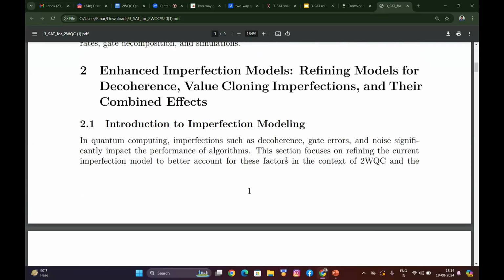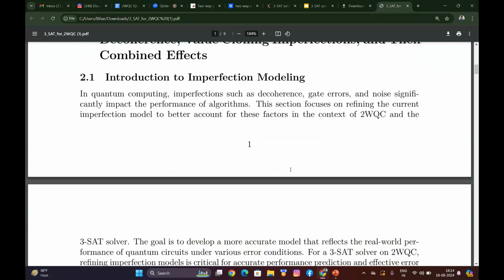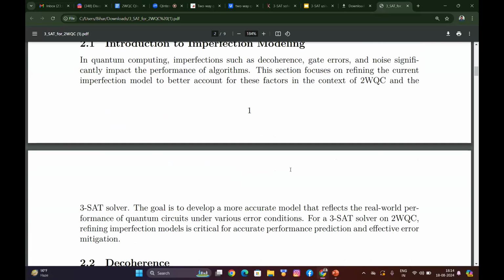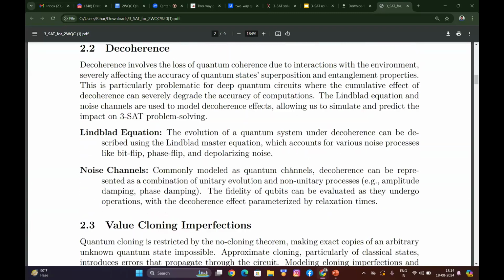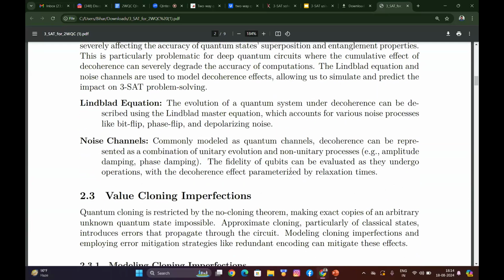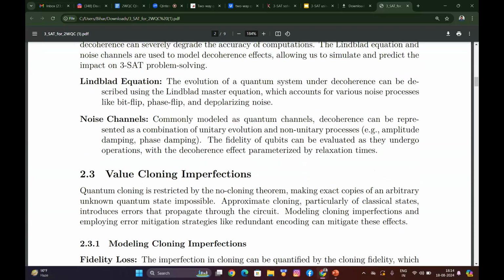The imperfection model, I basically introduced what the imperfection model is. In this, decoherence, gate errors, any kind of noise significantly impact the performance of the algorithm. Decoherence is the loss of quantum coherence due to interaction with the environment, and this can be modeled using Lindblad equations like bit flip, phase flip, or depolarizing noise.